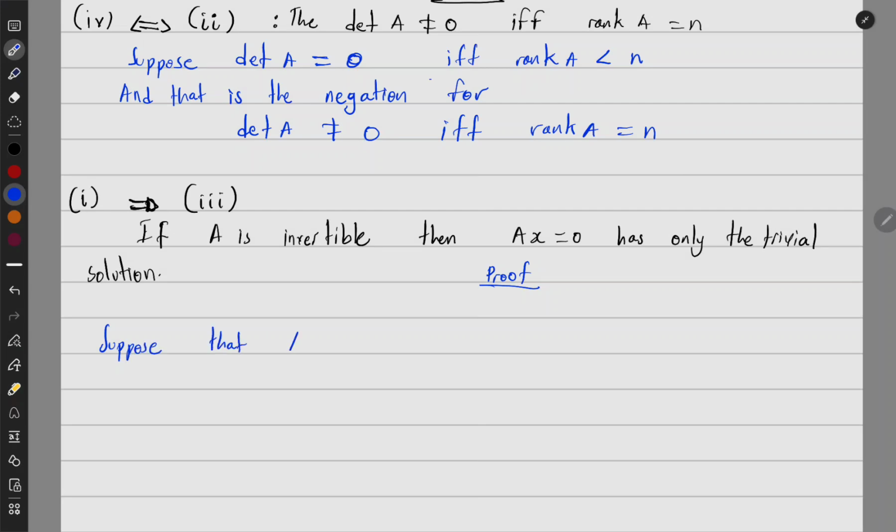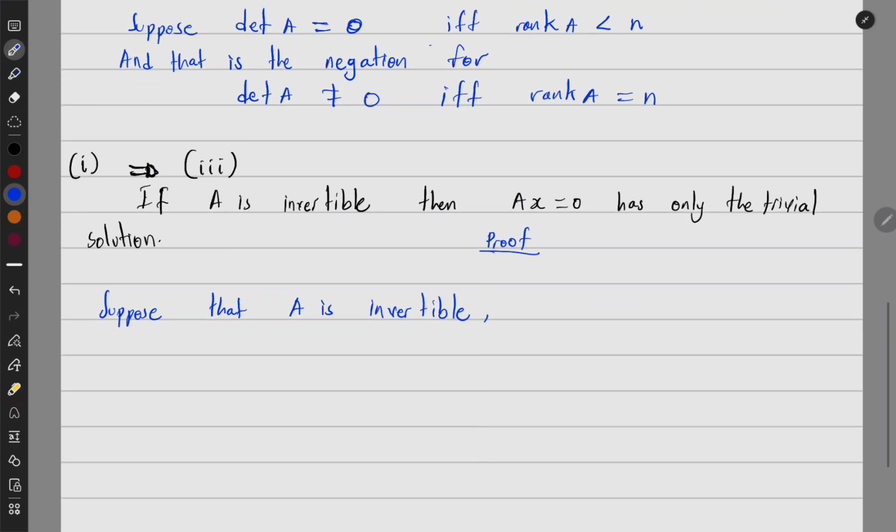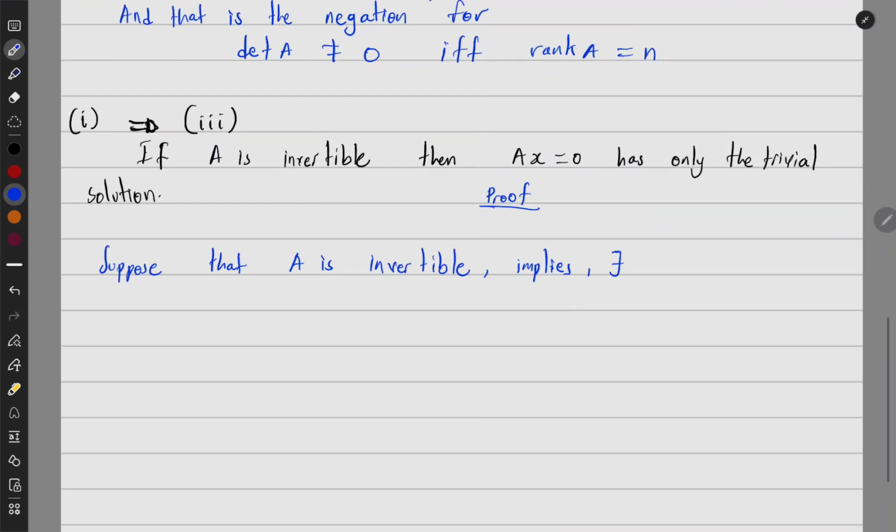Suppose that A is invertible. So if A is invertible, what does it mean to you? It implies that there exists a matrix B.